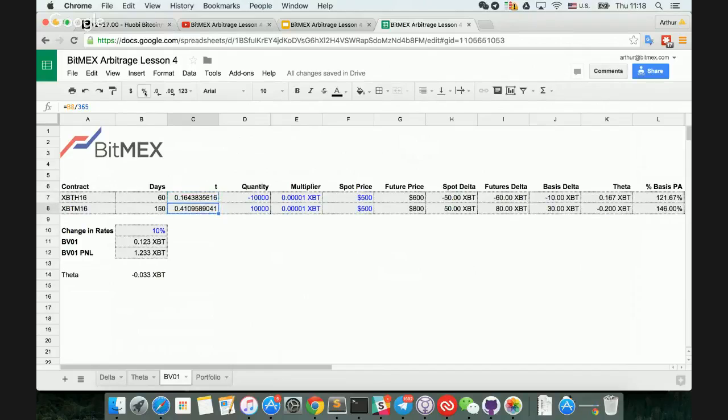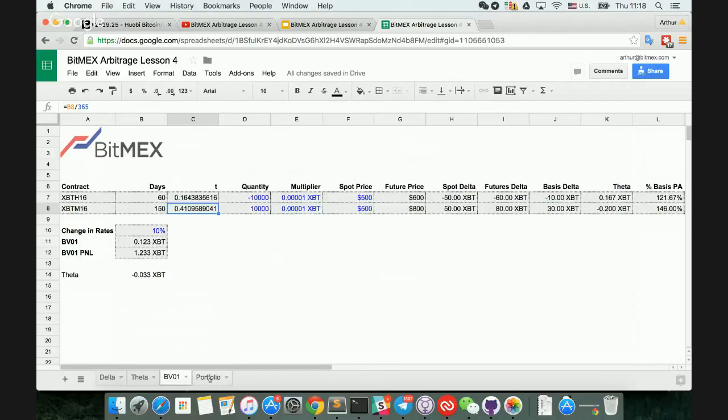So the most important factor in this calculation is the time value, or the number of days divided by 365. The longer dated of a contract that you trade, the more the price will be sensitive to changes in interest rates. And the more you have to be cognizant of the premium or discount paid or received to trade this futures contract.